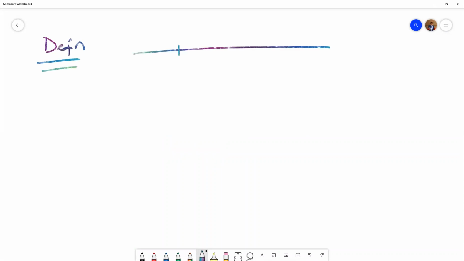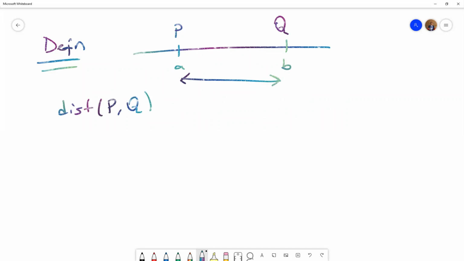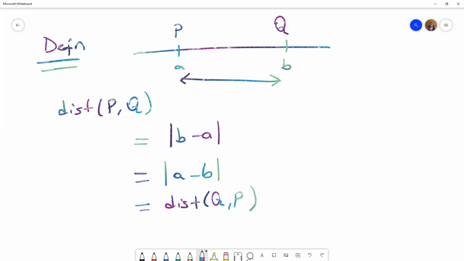If we have 2 points A, B as the points P and Q, we are trying to find the distance between P and Q, which is equal to |B - A|, or |A - B|. So this is the answer for the distance between Q and P also.